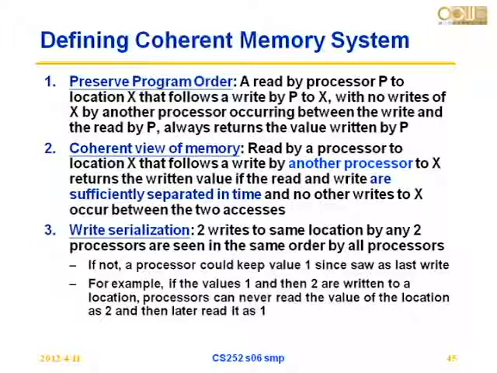I'll read it again to you. A read by processor P to location X that follows a write by P to X. Okay, so P writes to X first and reads from X next. If there is no write of X by another processor occurring between the write and read by P, then the value returned by P should always be the one written by P.